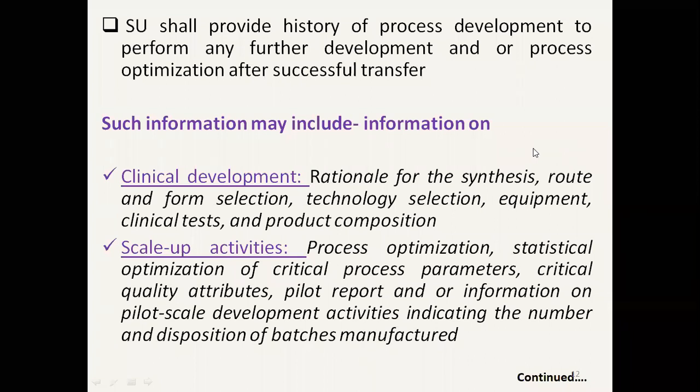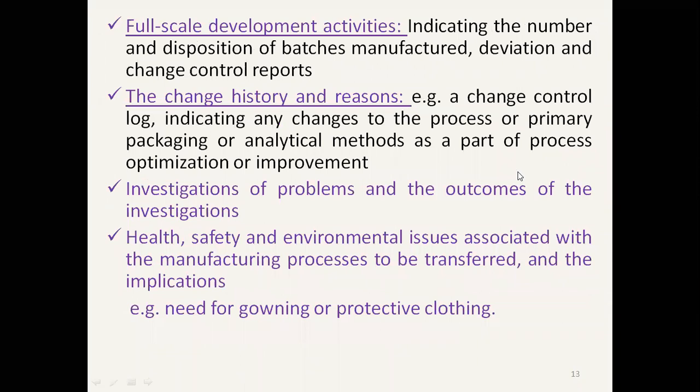Next is the report on full scale development activities, indicating the number and the disposition of batches manufactured, and deviation and change control. We develop reports over that deviation and change control. All this is to be transferred, which leads to the current manufacturing process. Related to the current manufacturing process, the reports related to change and all these things we should transfer.